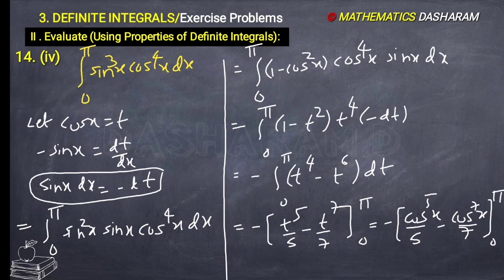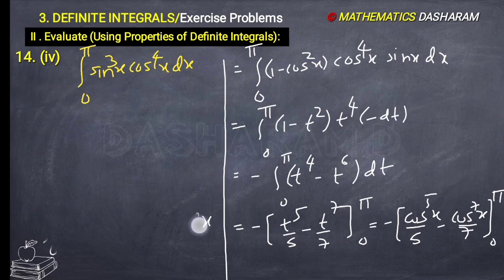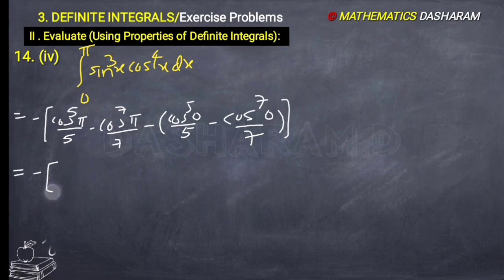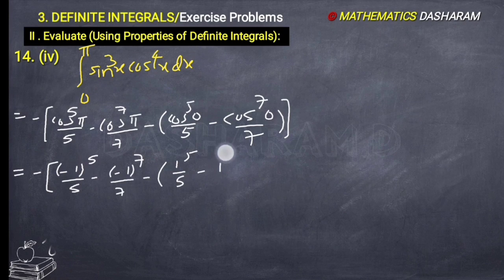Now substitute the upper and lower limits. Then it is equal to minus, cos pi value minus 1, whole to the power of 5 by 5 minus cos pi, minus 1 whole to the power of 7 by 7, minus cos 0 value 1, so 1 to the power of 5 by 5 minus 1 to the power of 7 by 7.